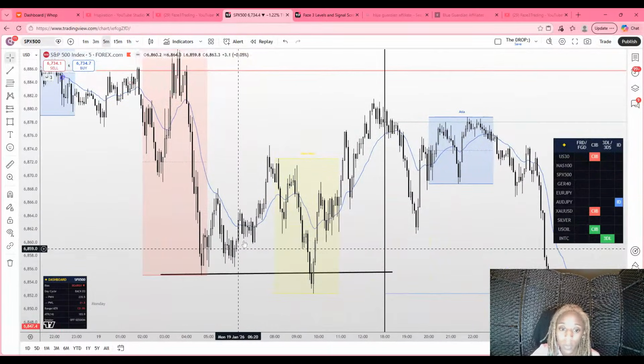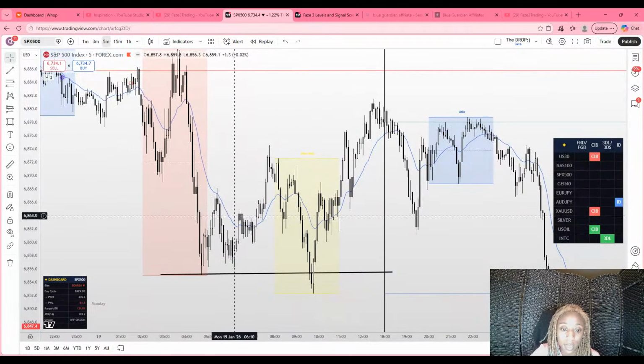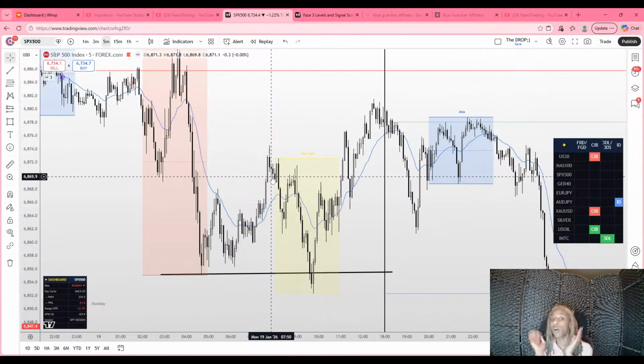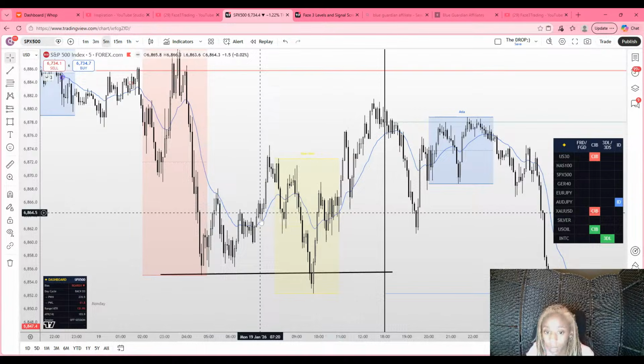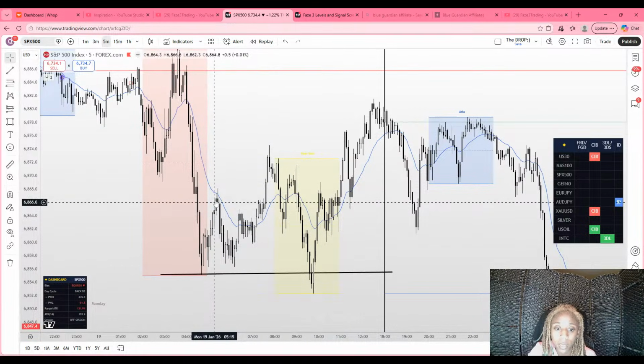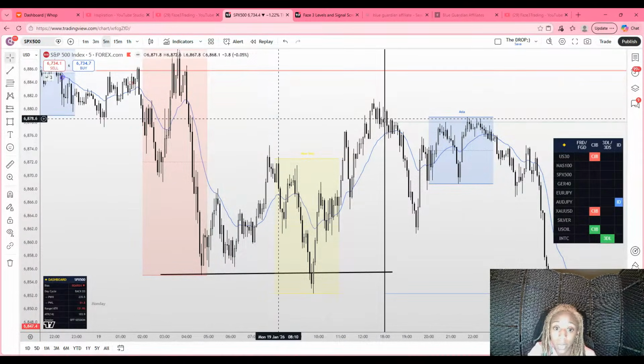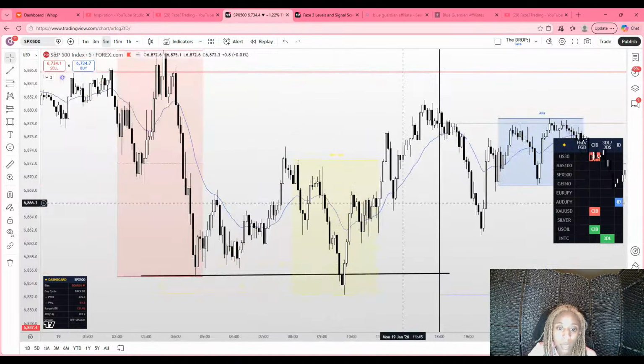So when I get to New York session and I see this, I'm not thinking it's going to reverse. I'm thinking we're well past the previous day's low. We're continuing to make lower lows. So when we see this pop up, I'm looking for the sell.